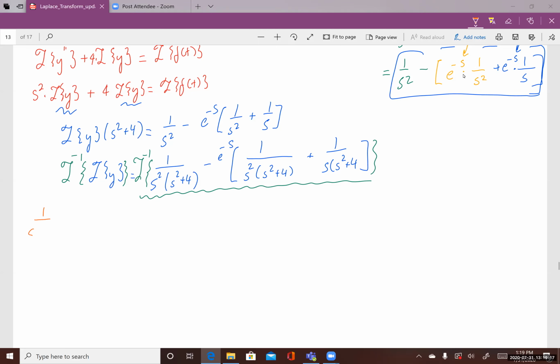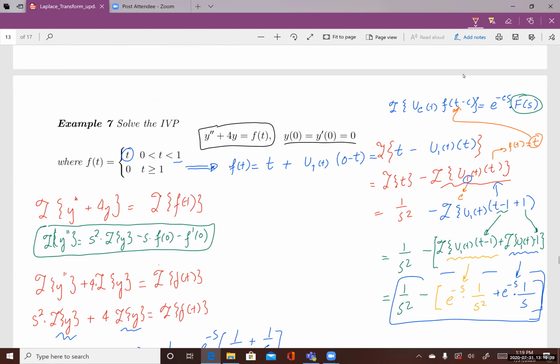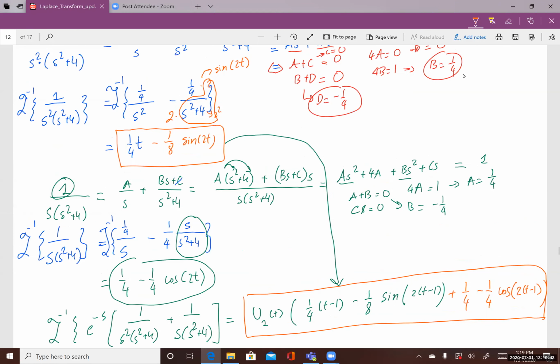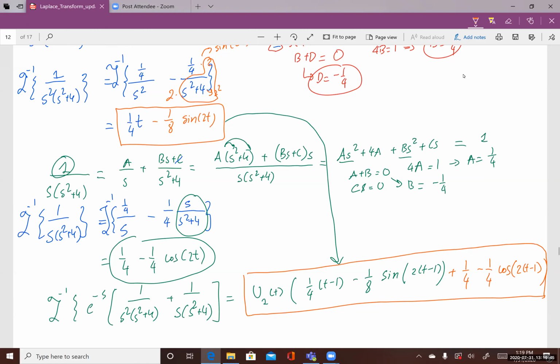For the 1 over s squared plus 4. Luckily, in the previous problem, we found that using partial fractions, you get 1 over 4s squared minus 1 over 4 times s squared plus 4.